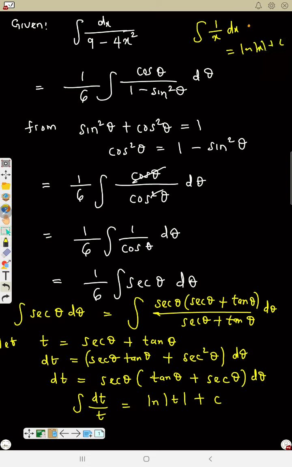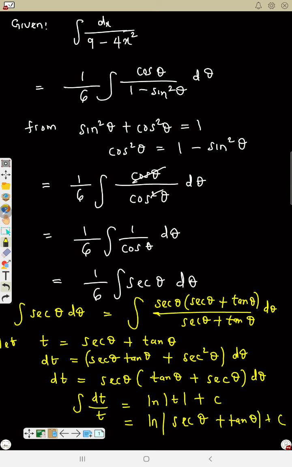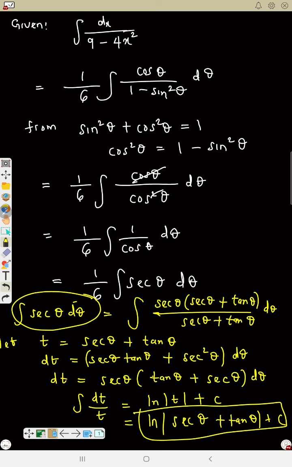Because it's t, it will be ln t plus c. Now what is our t initially? Initially I said let t be sec theta plus tan theta. So this will be ln sec theta plus tan theta plus c. That means the integral of sec theta d theta is ln sec theta plus tan theta.